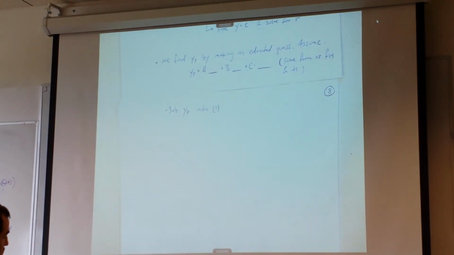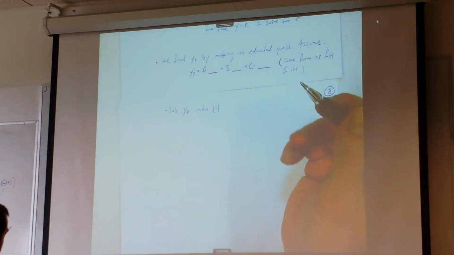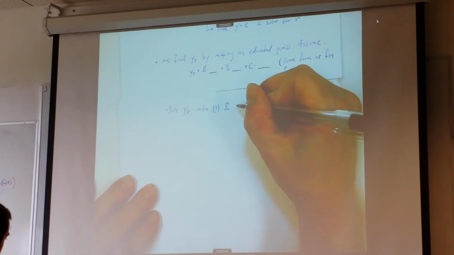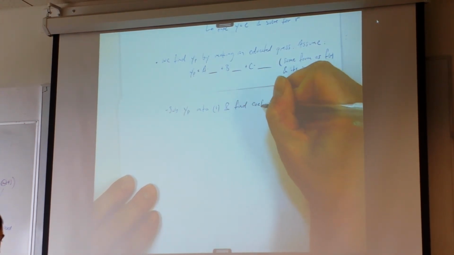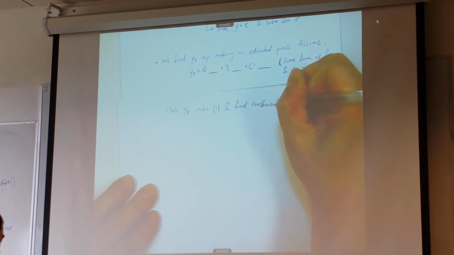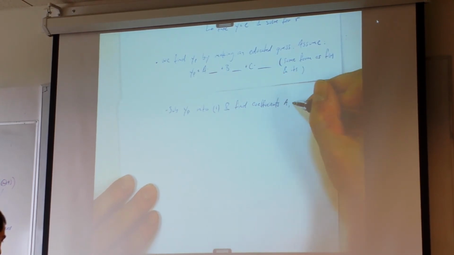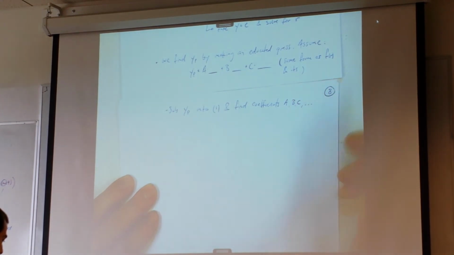All right, so we sub y sub p into 1 and find those coefficients. However many there are, a, b, c, whatever.